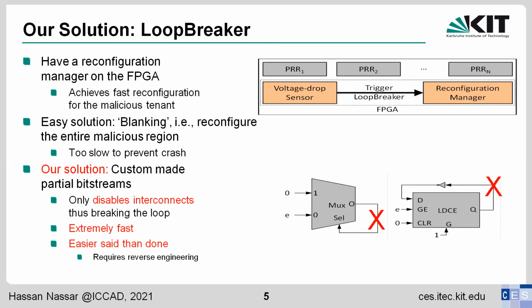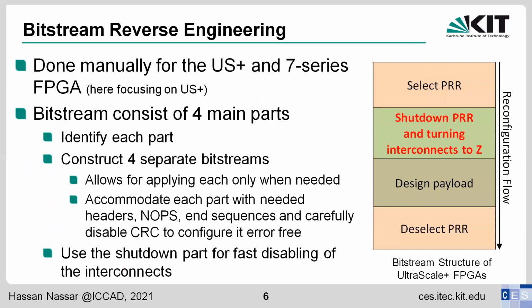However, it required very complex reverse engineering. We did the reverse engineering for the UltraScale Plus and 7 series FPGAs from Xilinx. As you can see, this is the bitstream structure of an UltraScale Plus FPGA, and the bitstream has 4 main parts. We identify these parts and separate them into separate bitstreams.